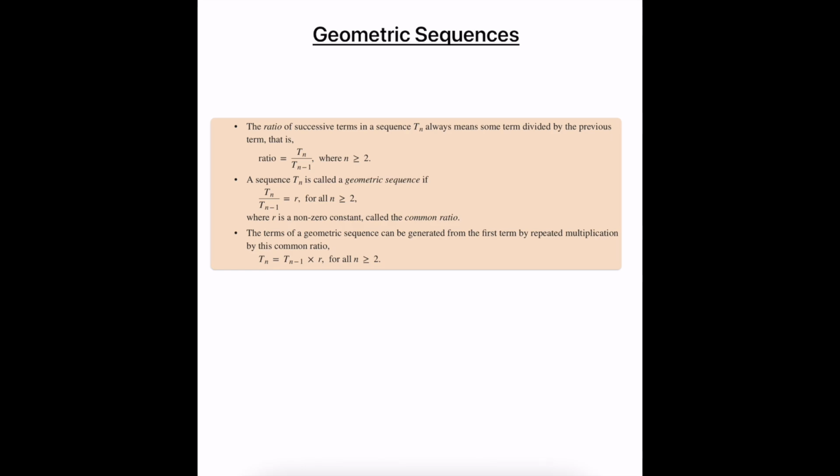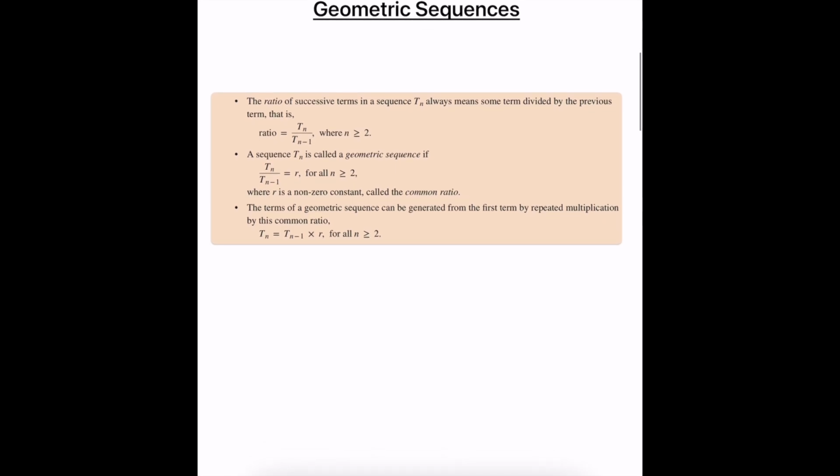So what we have here are three key points related to geometric sequences, but I'm just going to summarize and talk through what it's saying down below. So what it's saying is that a geometric sequence is represented by R, which is a common ratio.